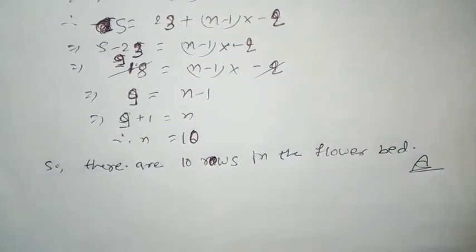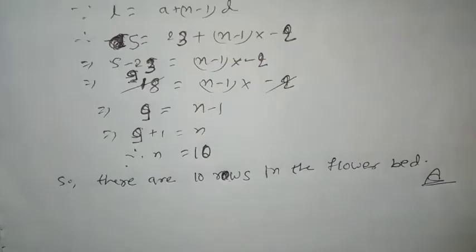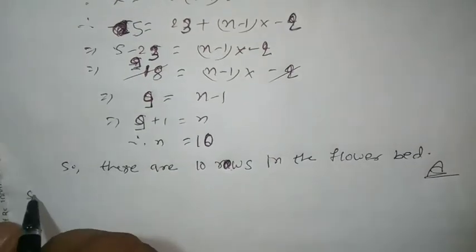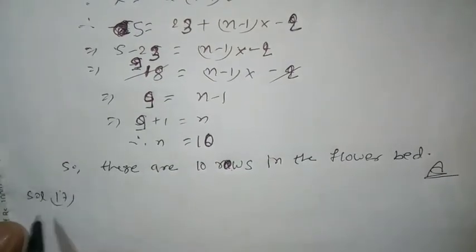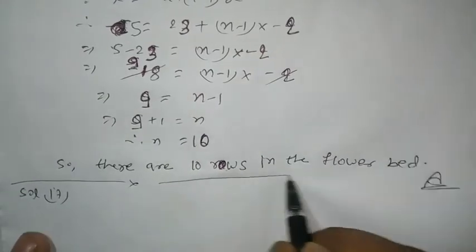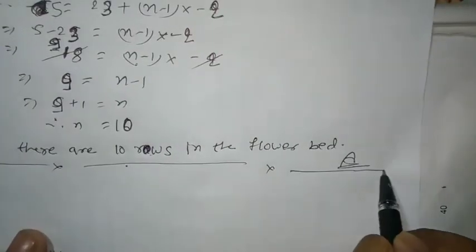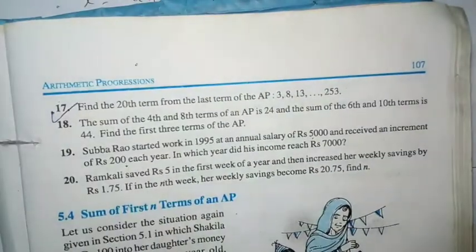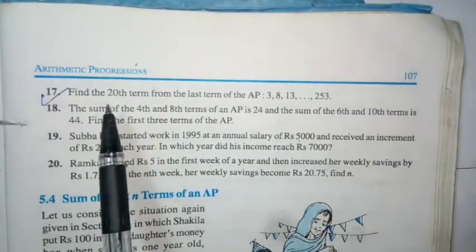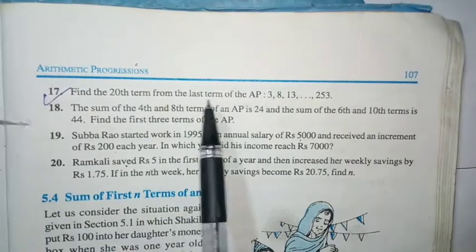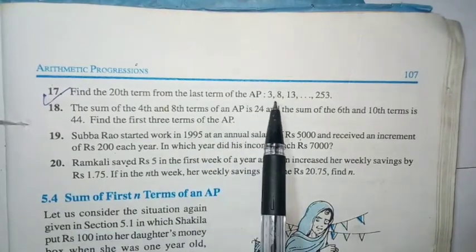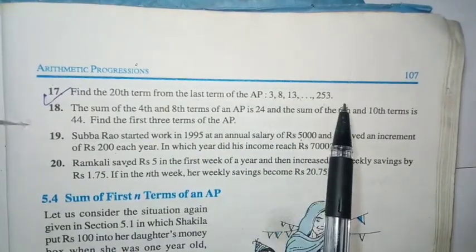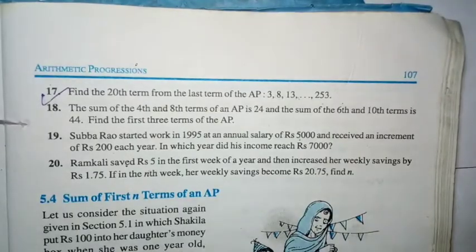Now the next question of the exercise, question number 17. The question says: find the 20th term from the last term of the AP 3, 8, 13, ..., 253.